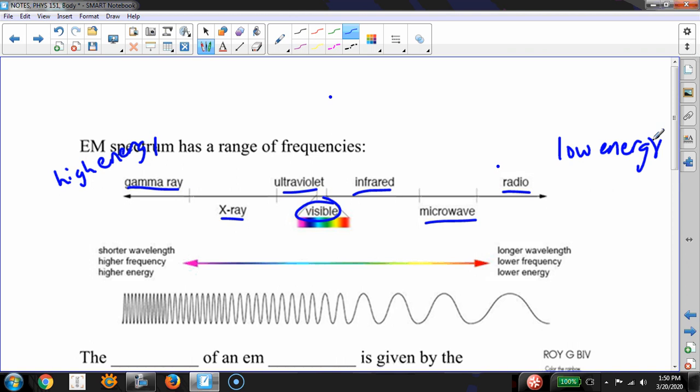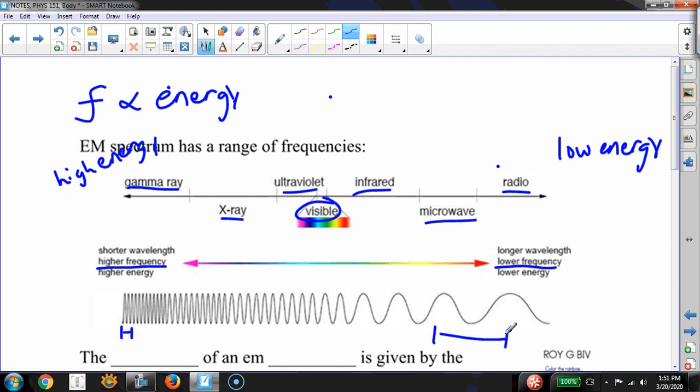I also want you to know about the frequency. These have higher frequency, as I've written right there, and these have lower frequency. Frequency is always proportional to the energy, so a big frequency means a big energy. For wavelength, these have a really short wavelength, and down here the wavelength is a lot longer.